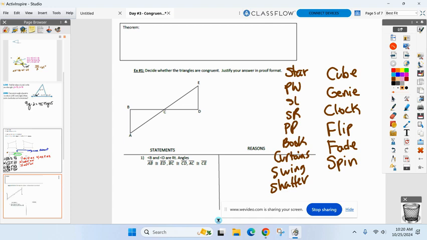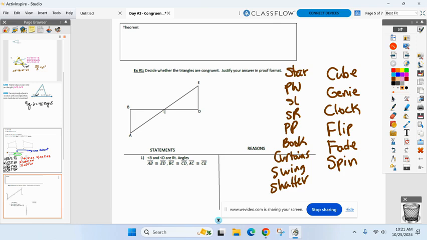A float or something? A vertical float? Fly. Genie. Anything else? Is there like a circle? There's clock.